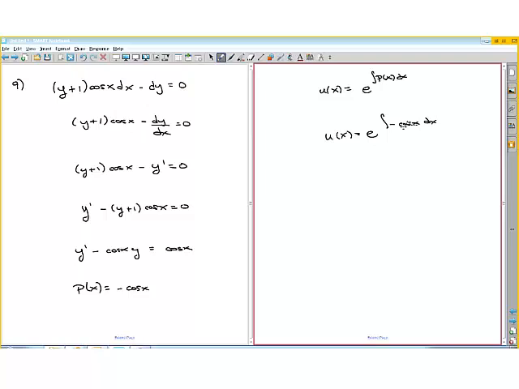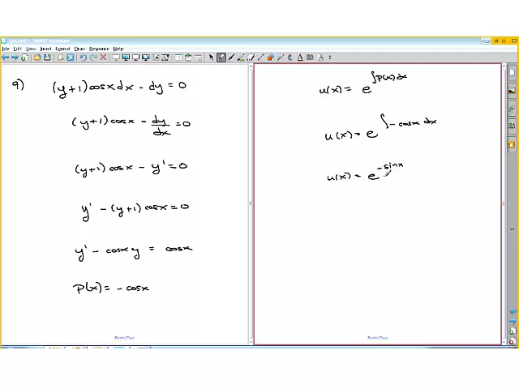The integral of the cosine is the sine, and we'll have a negative sign. So u of x is equal to e to the minus sine of x.